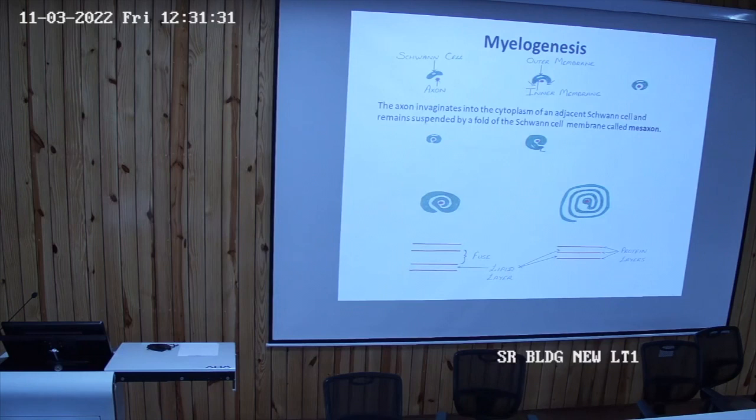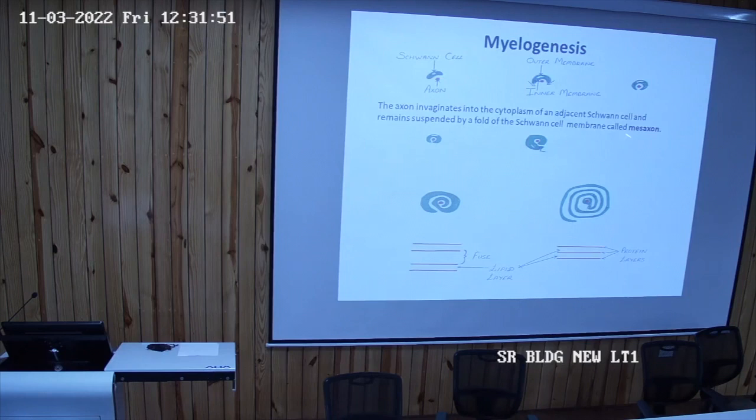The axon, which comes from the cell body and goes down, invaginates the Schwann cell. The axon invaginates into the cytoplasm of the adjacent Schwann cells, and they remain suspended.